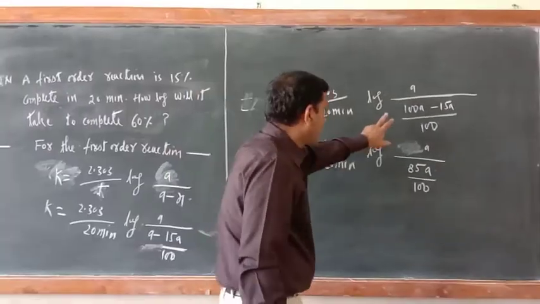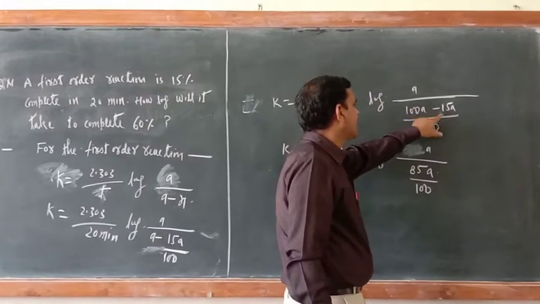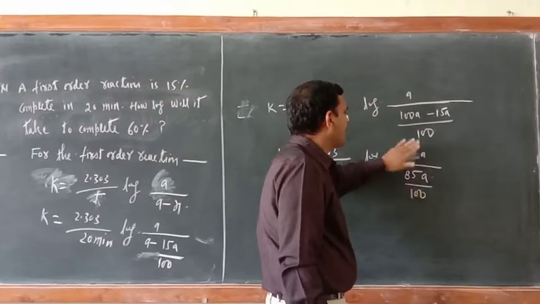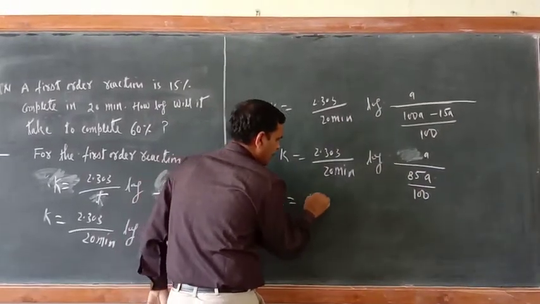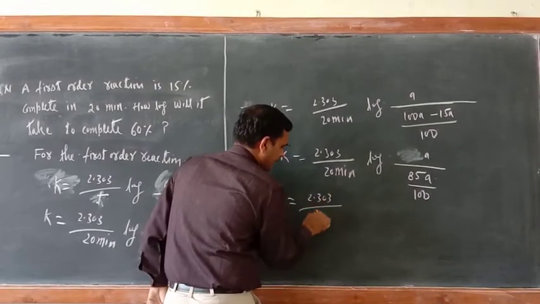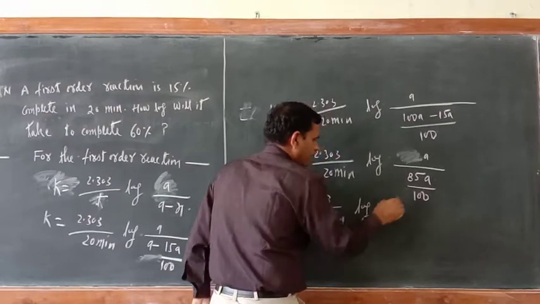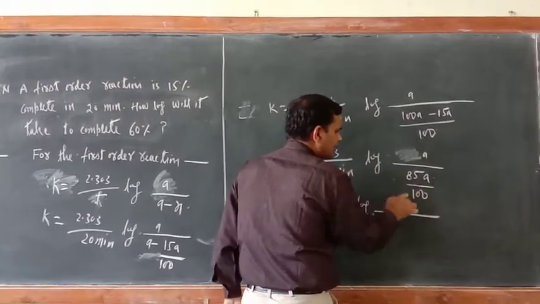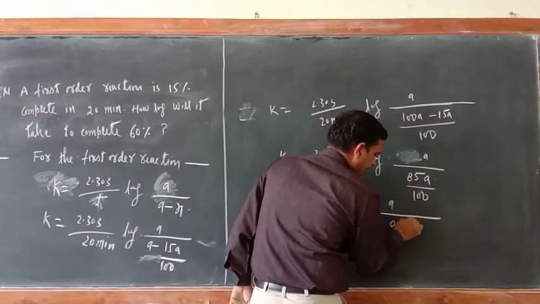So dear cadets, just see here: a by 100, a minus 15a divided by 100. It is better to solve below only this one. So K equal to 2.303 divided by 20 minutes, here log. Now if you solve this, you will get 0.85a.